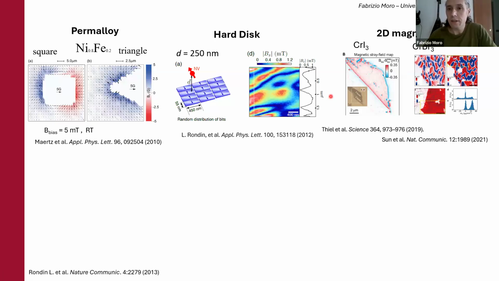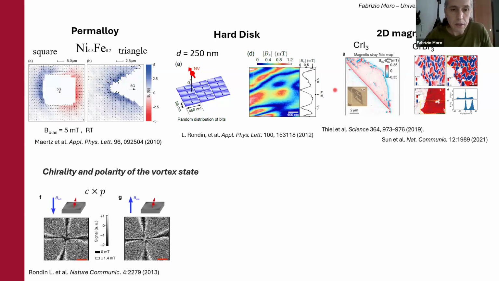In this case, for instance, in the case of chromium iodide and chromium bromide, the magnetization has been found to vanish for an even number of layers and to have a net value in case of an odd number of layers. Therefore, showing that this is a useful method to detect the magnetization which is dependent on the number of layers.